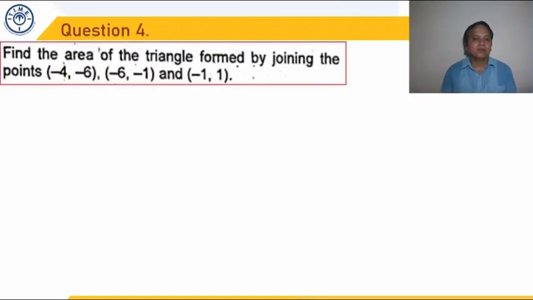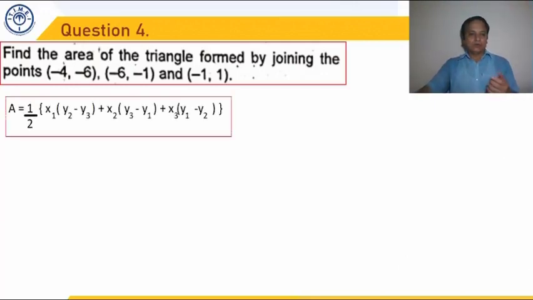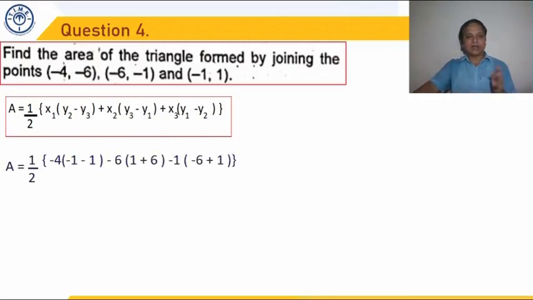Now, question number 4 of the handout says, find the area of the triangle formed by joining the points (-4, -6), (-6, -1), (-1, 1). So we use this formula. We take the first point as x1, y1, then x2, y2 and x3, y3. So it comes out to be half of -4 into (-1 minus 1), plus x2 which is -6 into (1 minus of -6, which becomes +6), plus x3 which is -1 into (-6 minus of -1, which becomes +1).